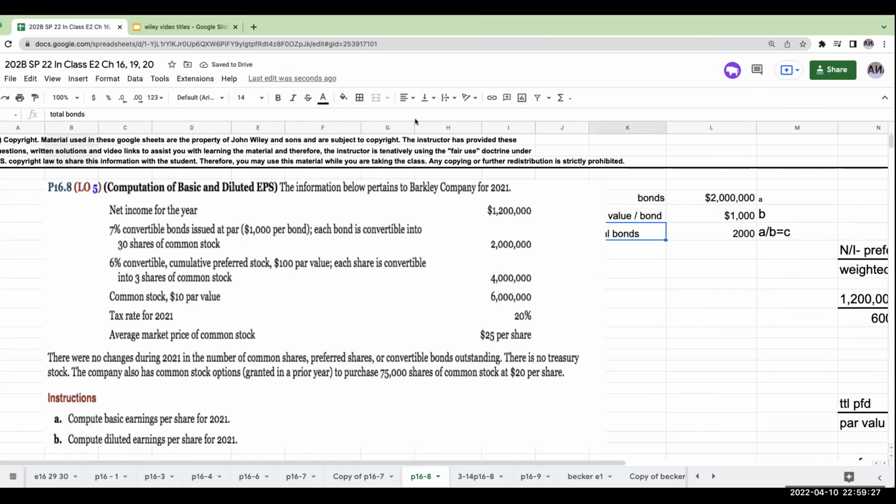If I take this 2,000, and these are each convertible into 30 shares of common stock, the total shares of common stock that would be issued would be 60,000 shares.